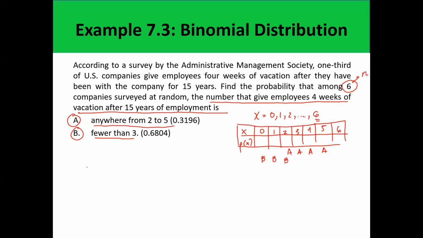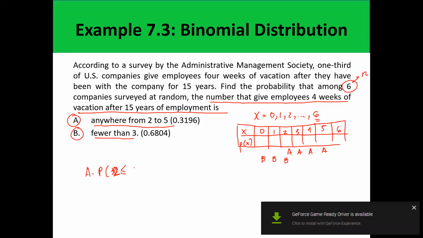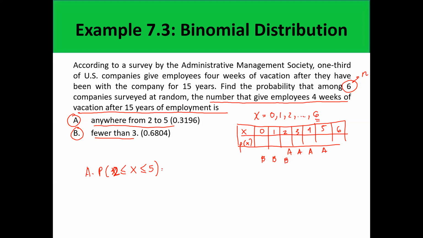So for letter A, that is the probability that x is anywhere from 2 up to 5. So this is equal to the probability that x equals 2 plus the probability that x equals 3 plus the probability that x equals 4 plus the probability that x equals 5.